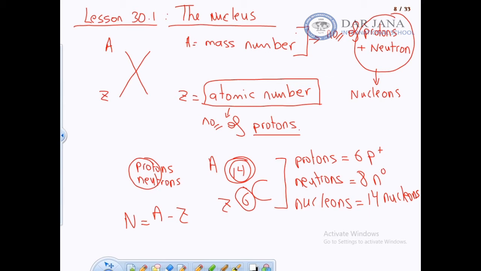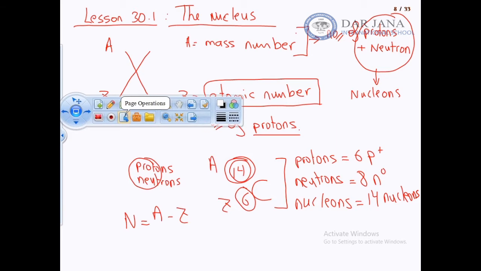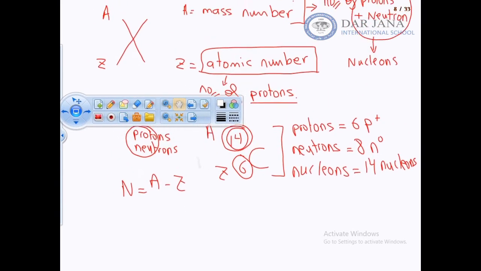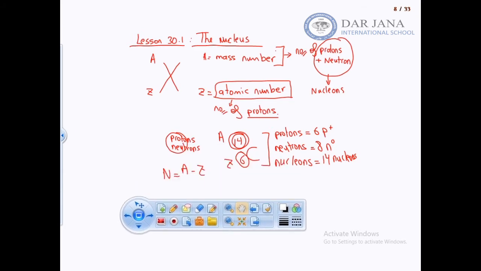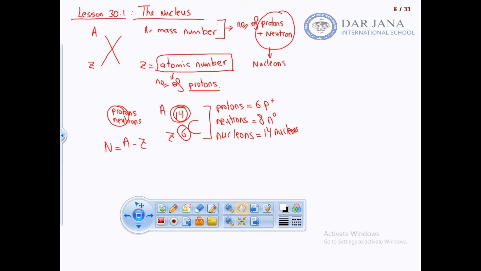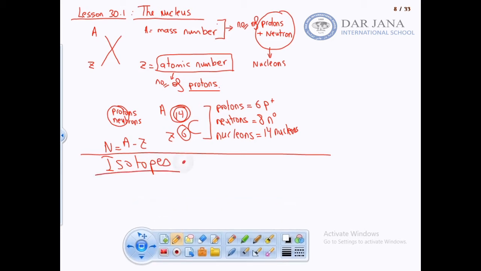Before going to atomic mass units, let's define isotopes. Isotopes are atoms of the same element.